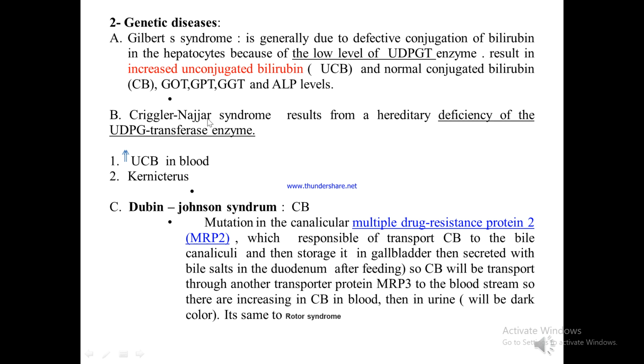In Crigler-Najjar syndrome, there is a deficiency of this enzyme, uridine diphosphoglucuronosyl transferase.